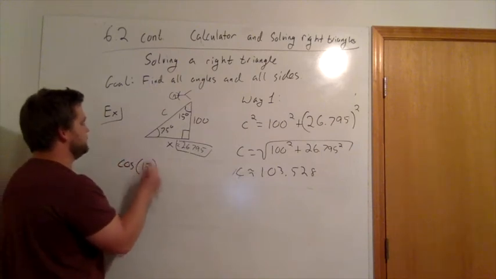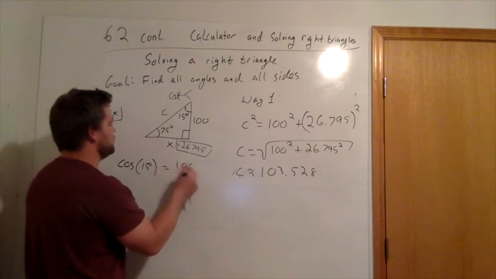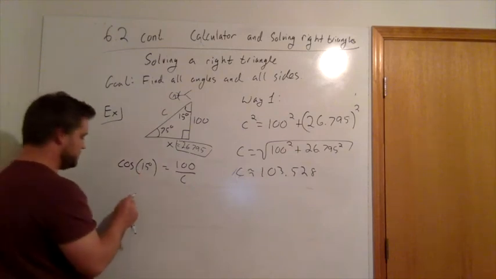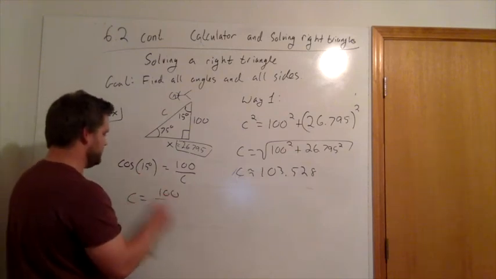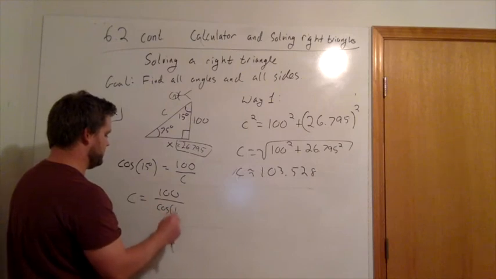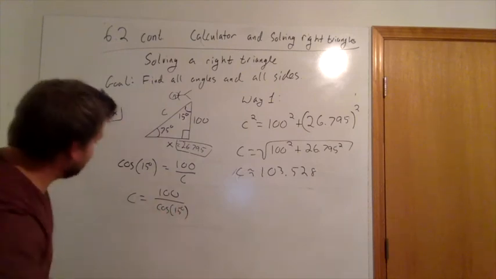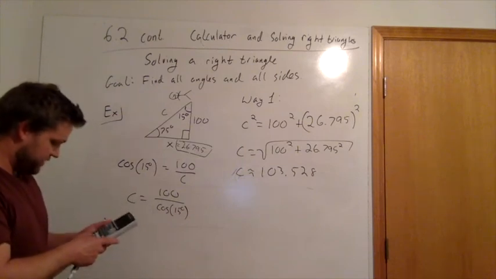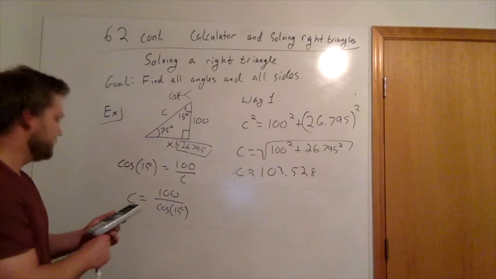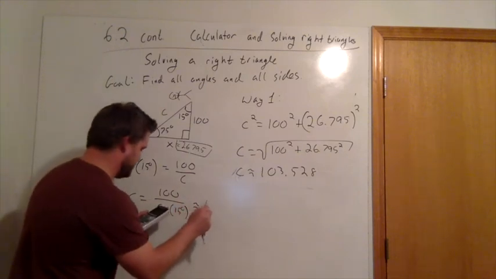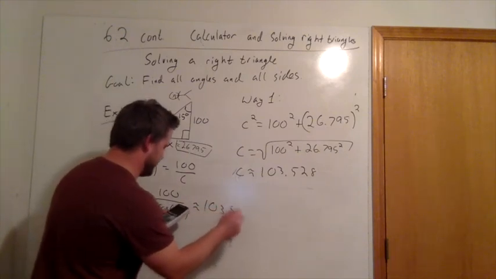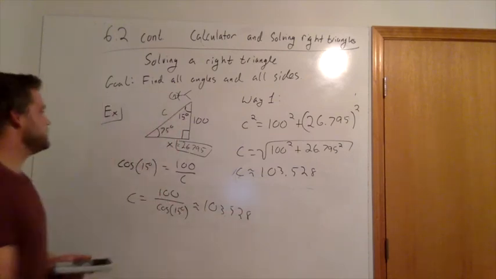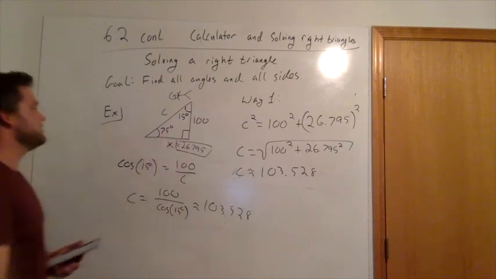Cosine of 15 degrees will be equal to 100 over c. If you solve for c, c will be 100 divided by the cosine of 15 degrees. Let's plug that into our calculator. 100 divided by the cosine of 15, and we get 103.528. Awesome.